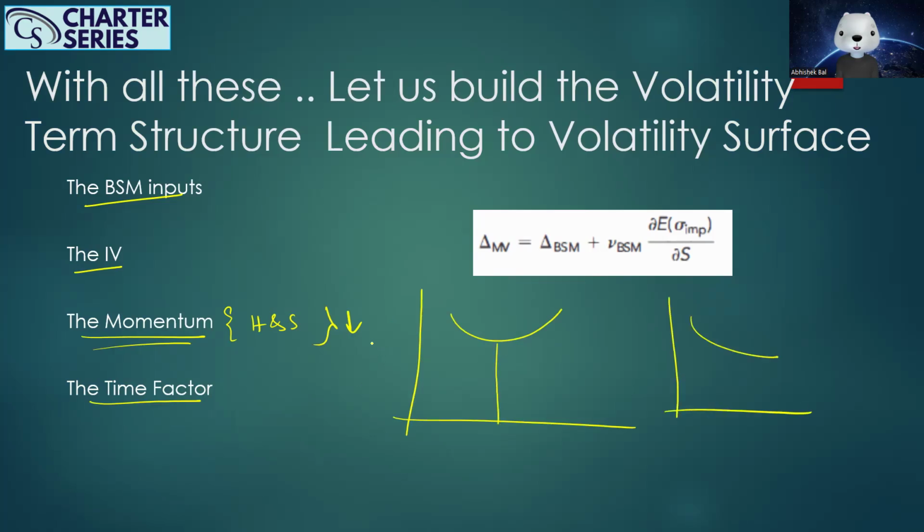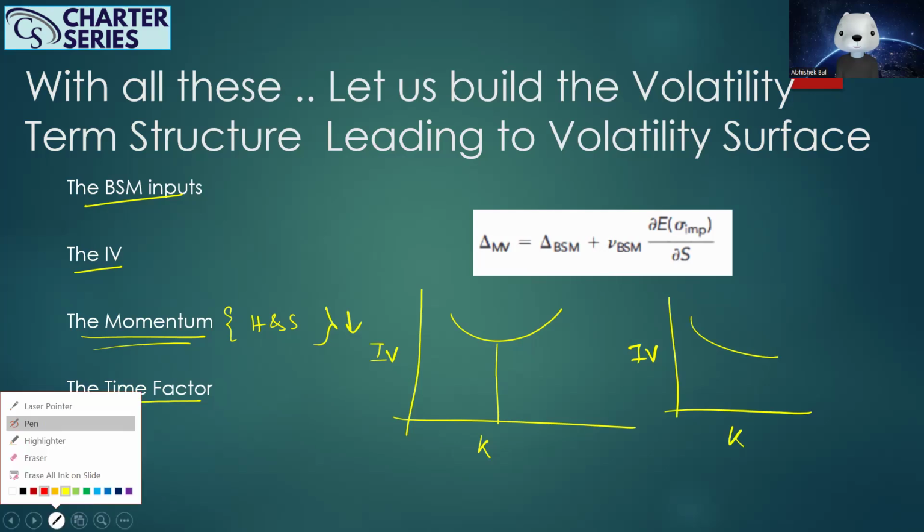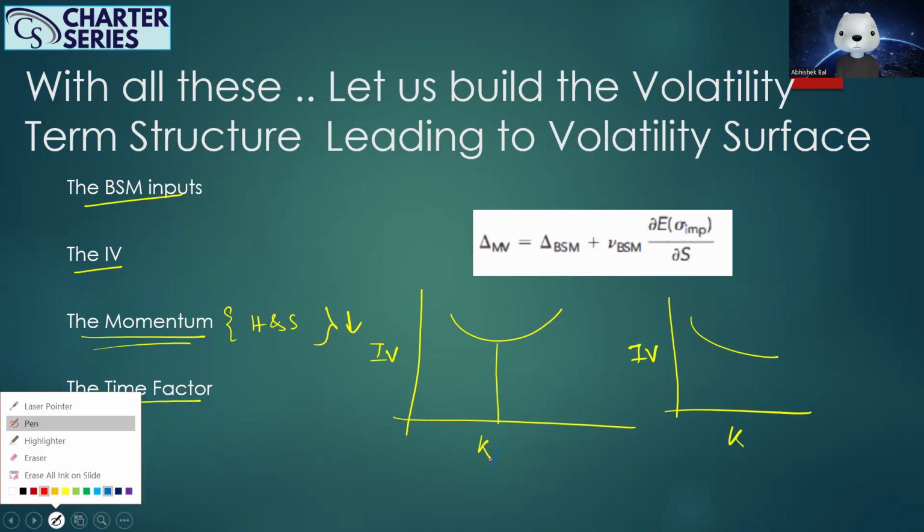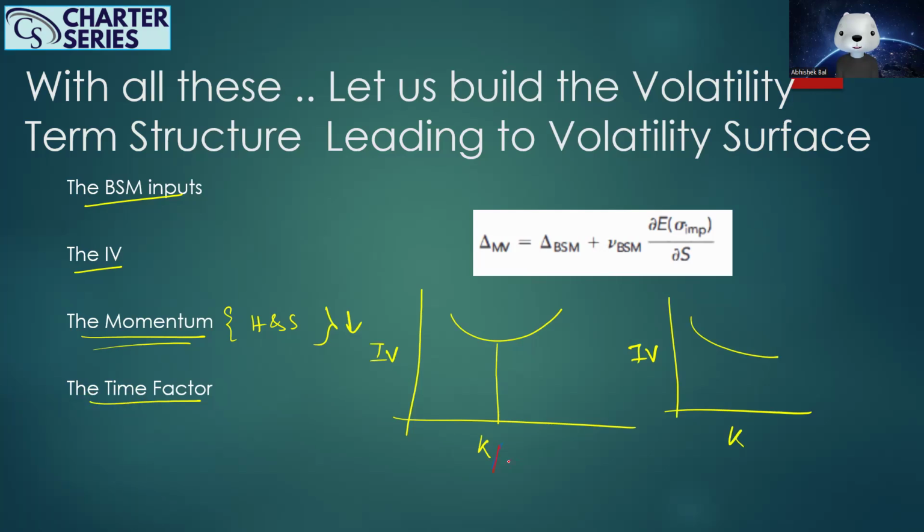You see, on the y-axis, we map the implied volatility, and on the x-axis, we map the strike price. Well, not exactly the strike price. We map the scaled strike price.